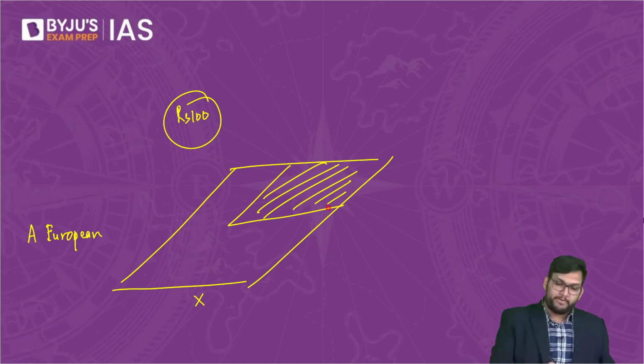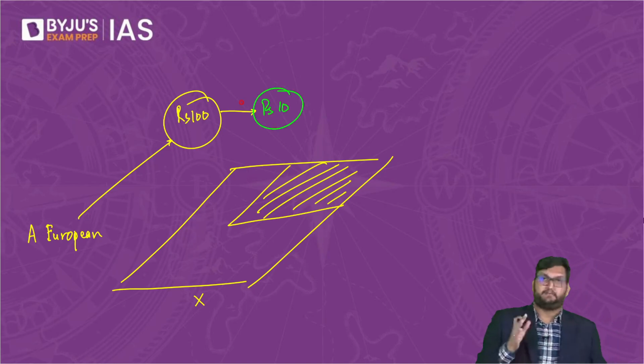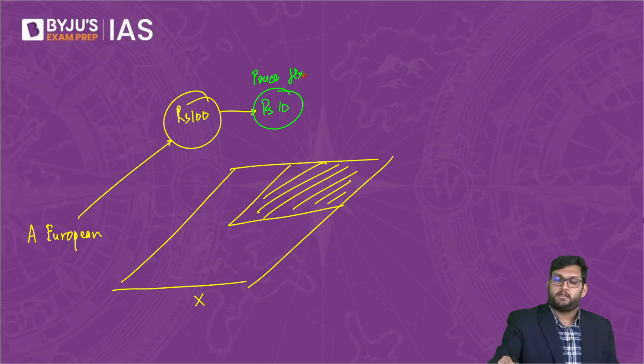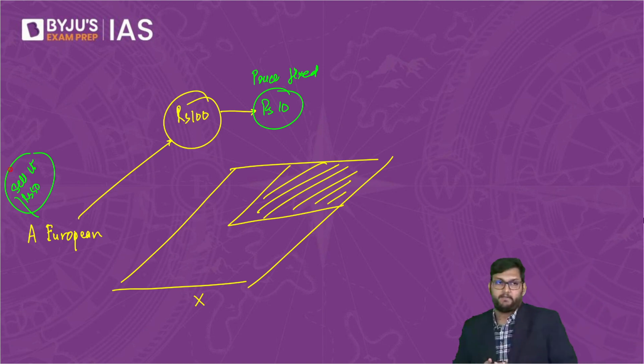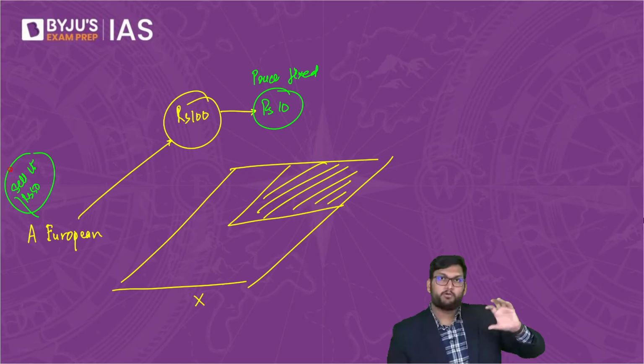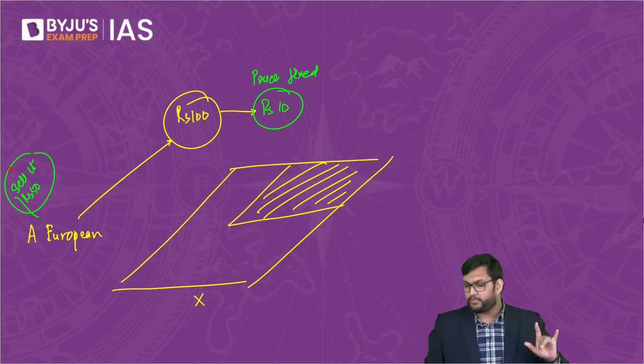But the European says that you would have to sell this indigo to me at ₹10. So this is the price which is fixed, which is extremely low. He will sell it at ₹50, but he will give you only ₹10. Now, in order to give off this ₹100, how many kgs do you need to produce of indigo?